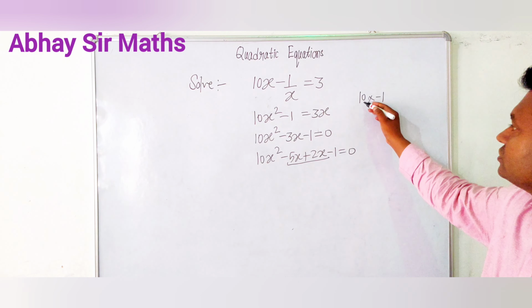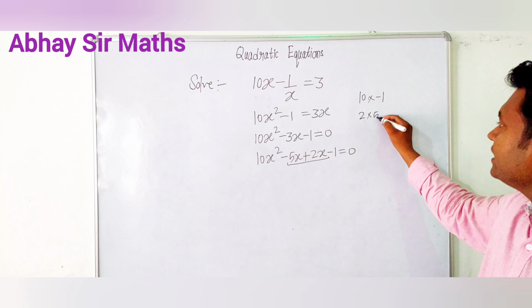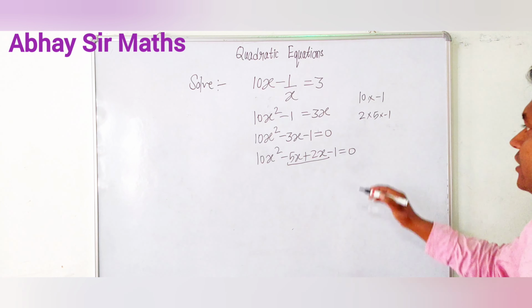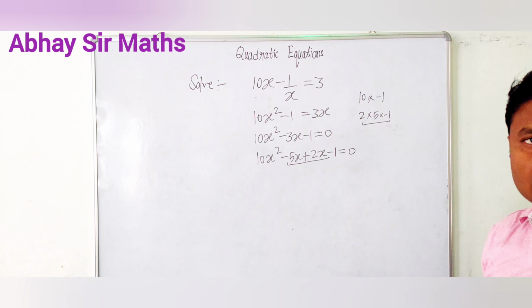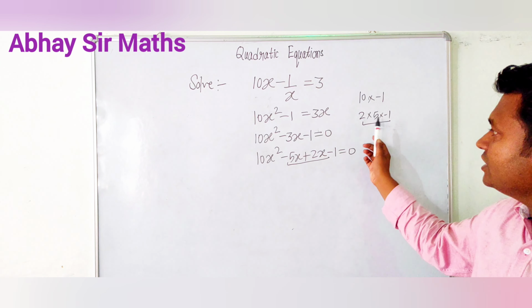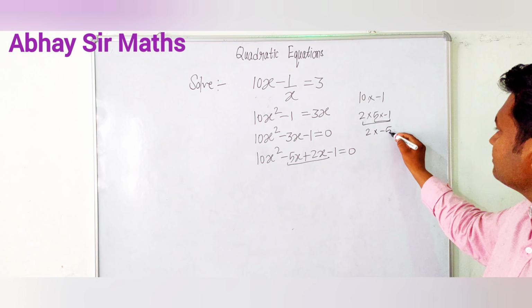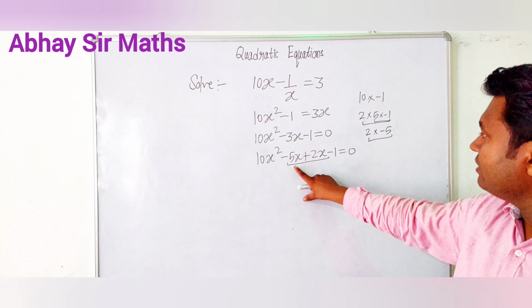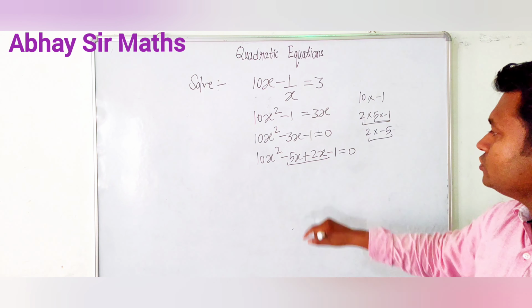The prime factorization of 10 is 2 into 5 into minus 1. Now we have three numbers. Convert them into two such that their sum or difference is minus 3. So you can multiply these two together, 2 and minus 5. So the difference is minus 3. That is why we have written minus 5x plus 2x.